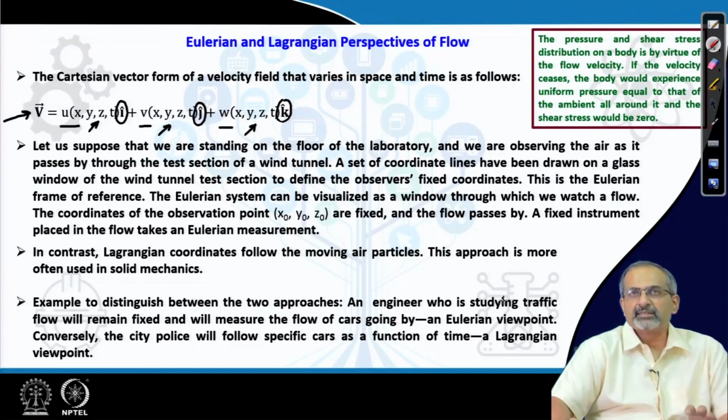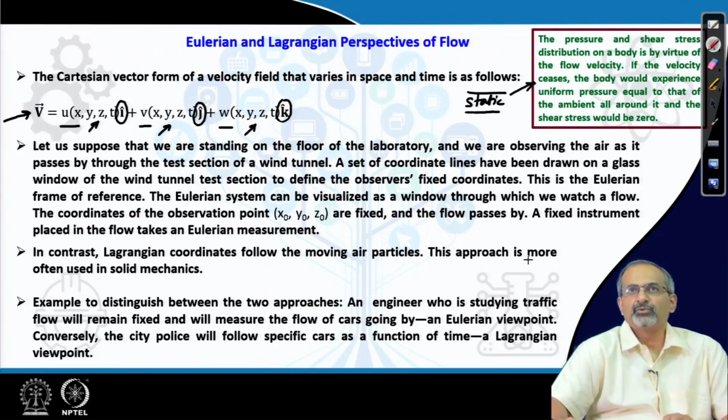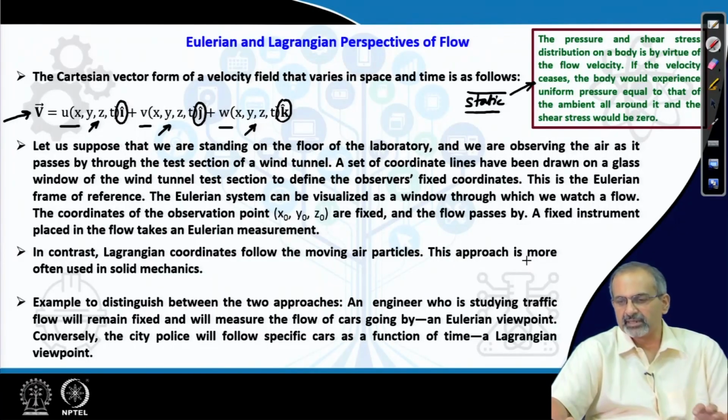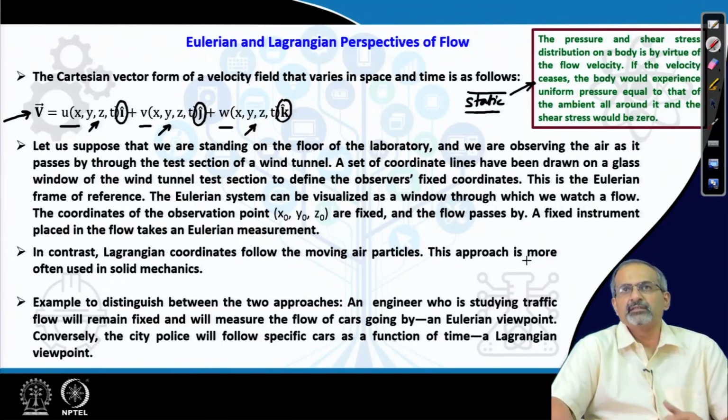If the velocity ceases to exist, that means the flow comes to a stop. That means, you have a static situation without any dynamic flow around the body of interest. The body would experience uniform pressure equal to that of the ambient, and it will be felt equally all around it, and the shear stress would be equal to 0.